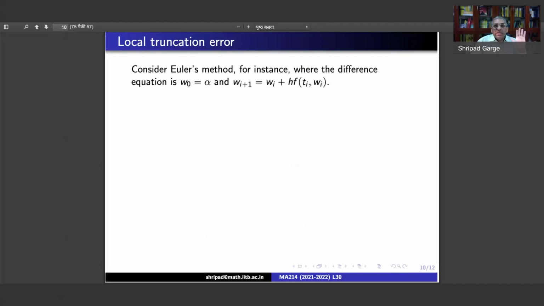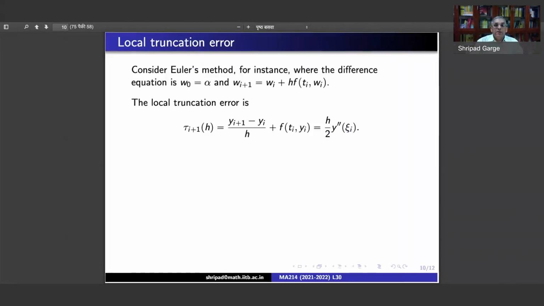For instance, if you were looking at Euler's method, then the difference equation is given by w_{i+1} to be w_i plus h f(t_i, w_i). And now we apply the local truncation error, that would be (y_{i+1} minus y_i minus h f of (t_i, y_i)) upon h. But remember, Euler's method uses Taylor's theorem for n equal to 1.